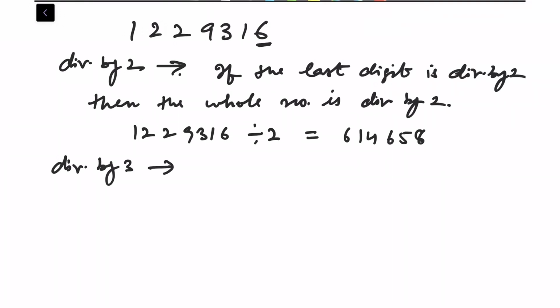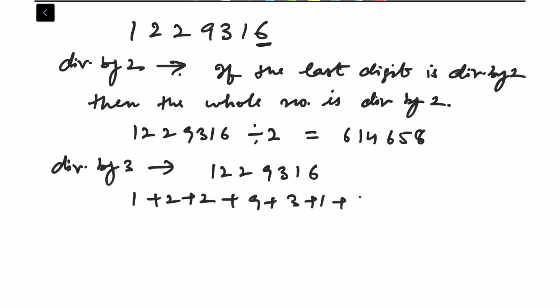Next we take divisibility by 3. For this we take the number again. Now we will add the digits 1 plus 2 plus 2 plus 9 plus 3 plus 1 plus 6. We get 24. Now you will see if this number 24 is divisible by 3.